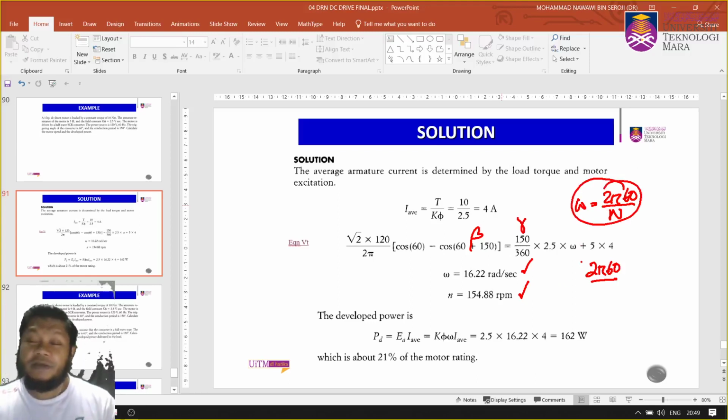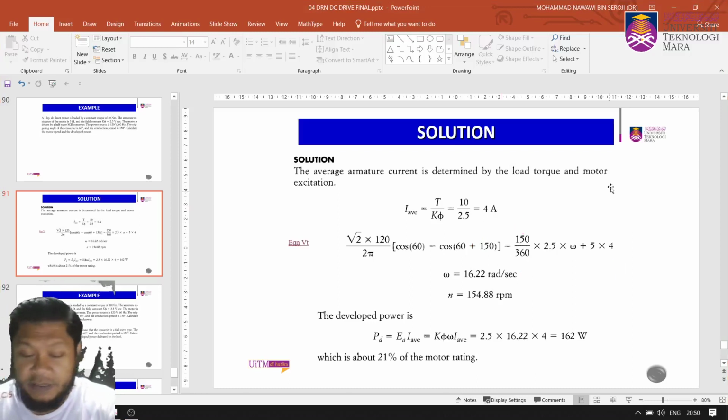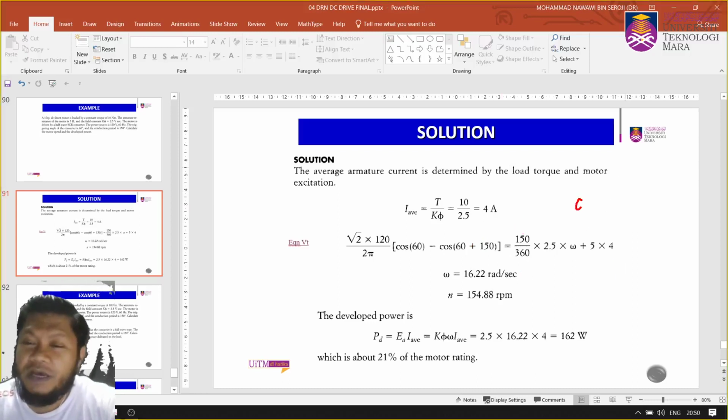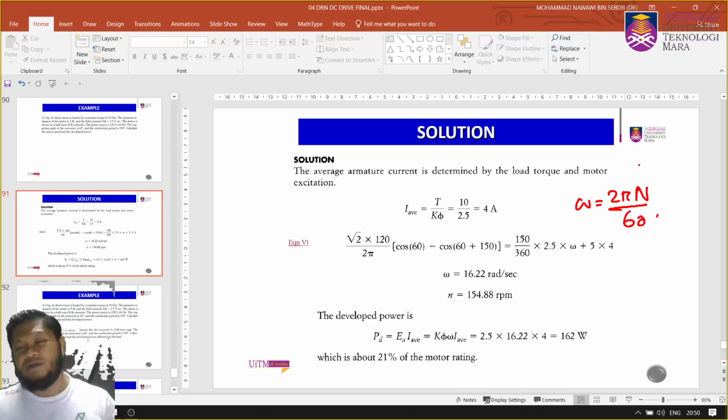Omega is 2 pi n over 60. Okay, I get it. So omega equals 2 pi n over 60, so you can find n equals 60 multiplied by omega divided by 2 pi.